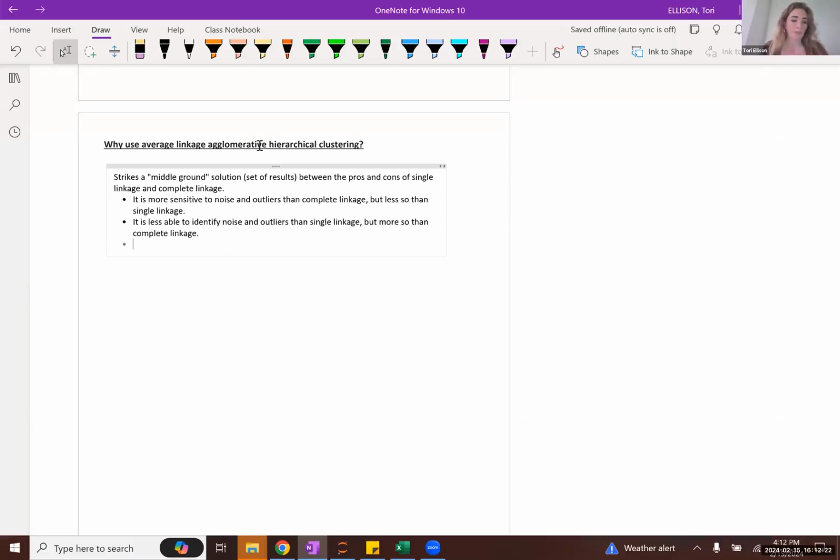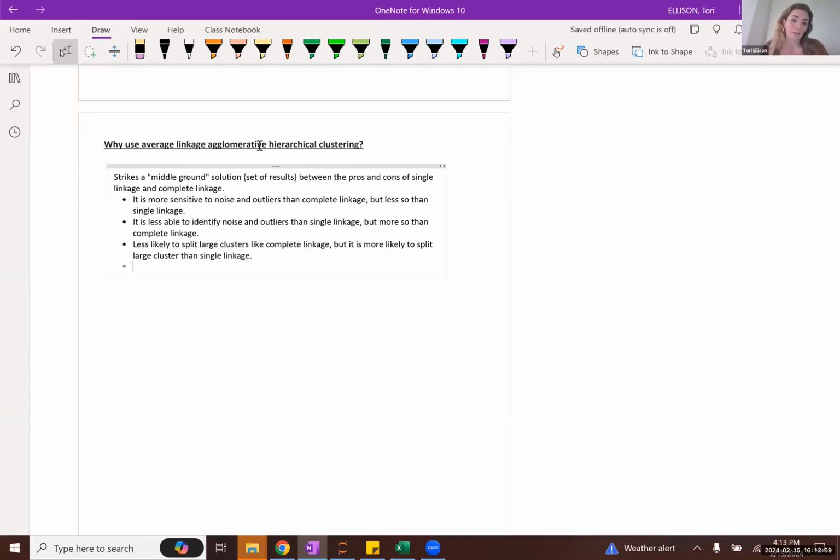Okay. And so one of the downsides that we saw with complete linkage is splitting large clusters. So average linkage is less likely to split large clusters than complete linkage, but it is more likely to split large clusters than single linkage. Okay. And we saw one of the benefits of single linkage is that it's really our first algorithm that's able to identify non-convex clusters.